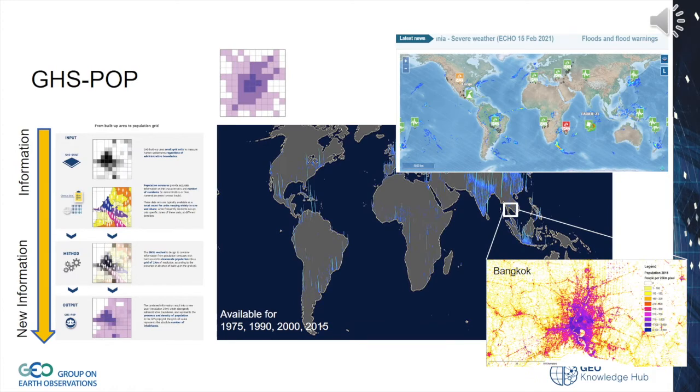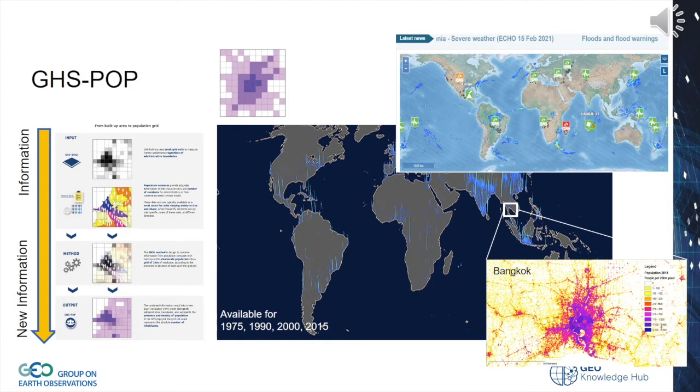This slide shows the population settlement layers that are also available for the epochs 1975, 1990, 2000, and 2015. The population settlement layers are produced by combining census data available at coarse administrative units with finer scale information derived from the built-up settlement layer.